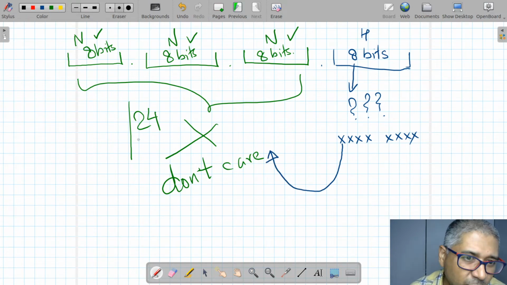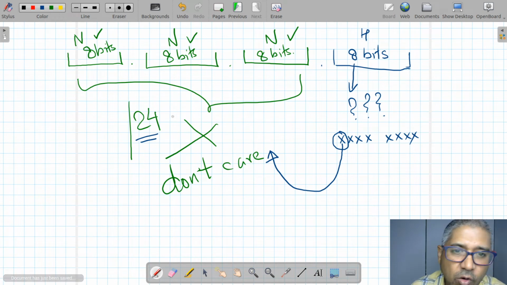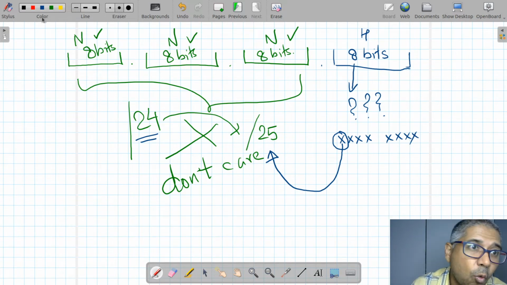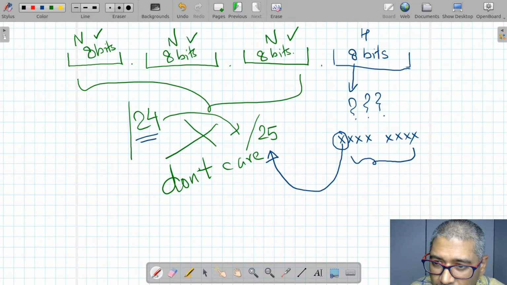How many network bits do you have? 24. If I move one host bit into the network bits, what will the network bits be now? 25. Excellent. So it becomes 25. And what will be the number of host bits now? 7. This is called subnetting.